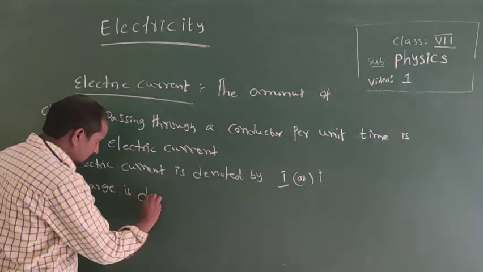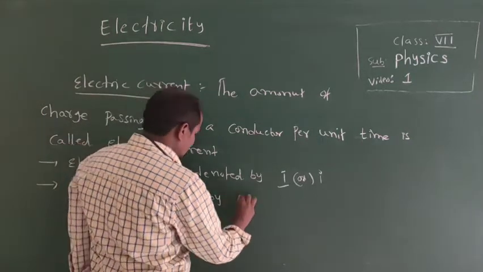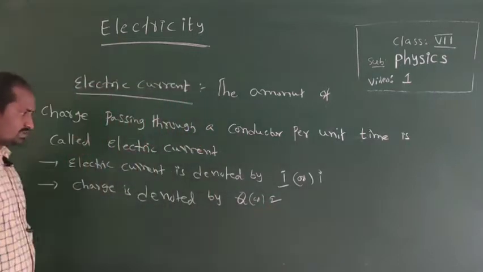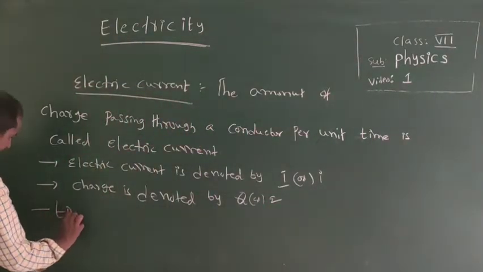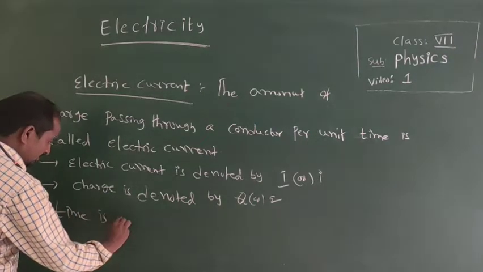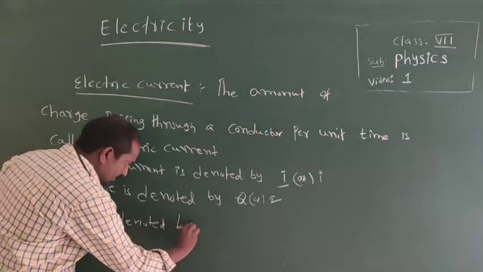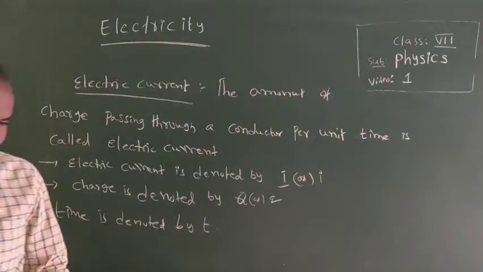Charge is denoted by Q. Time is measured in seconds and denoted by letter t.